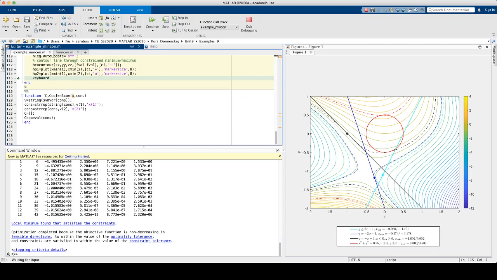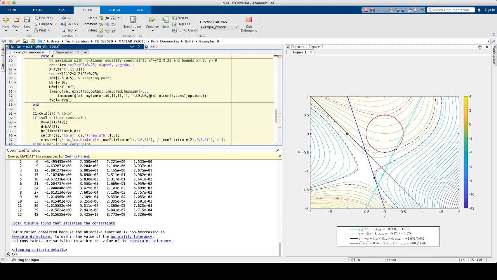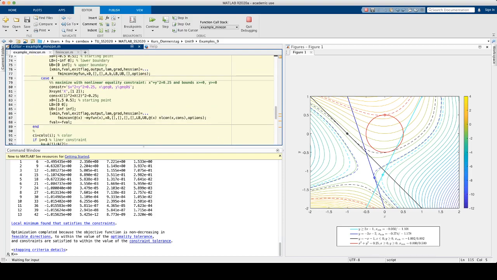The nonlinear constraint is plotted in red. It's a red circle, which you can see in figure 1. You can see the constrained maximum of the function constrained to the circle. In addition, the solution is constrained to the first quadrant. X and y must not be negative.